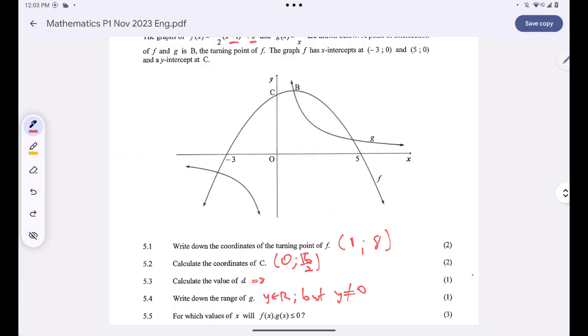Are you together? So all I need to check are the x values whereby one graph is positive and the other graph is negative. So basically I just need to check where I will find the two graphs in the same region whereby one graph is above the x-axis and the other graph is below the x-axis.